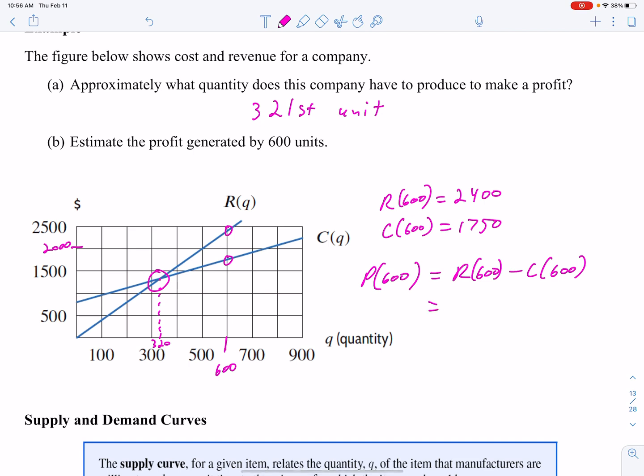We got those two numbers there, 2,400 minus 1,750. They're definitely going to make a profit because that's a positive number, and we can already see that by the graph, right? The revenue graph is bigger than the cost function. So this is a profit of 650. Pretty good.